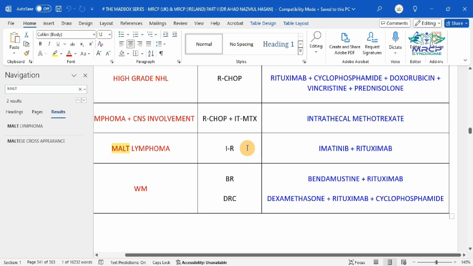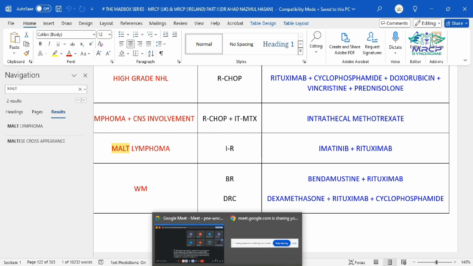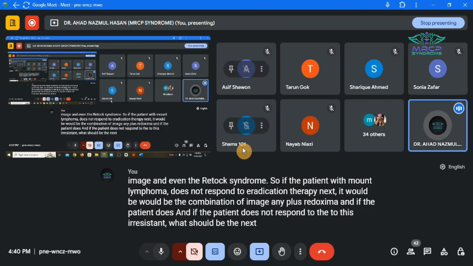We usually go with the IR regimen, the combination of imatinib and rituximab. So if the patient with MALT lymphoma does not respond to H. pylori eradication therapy, the next step would be the combination of imatinib plus rituximab. And if the patient does not respond to this IR regimen, what should be the next step, or what should be the last resort?